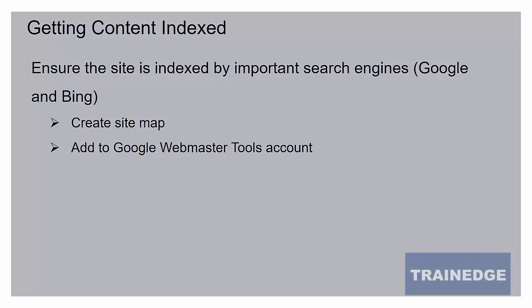When you do that, Google will use that sitemap to crawl your site. If all the pages that you want ranked in search results are included in the sitemap, then those pages will be available for Google to crawl through the sitemap, and Google bots will be able to find and crawl those pages.